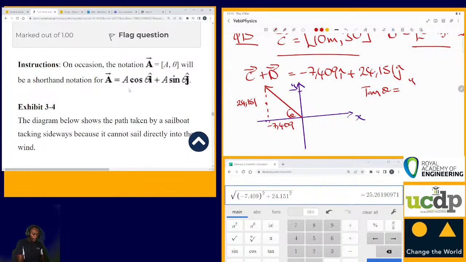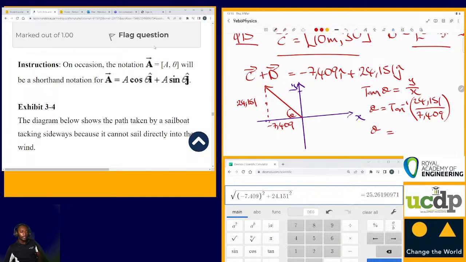Tan theta is y over x. Right. So our theta is going to be arctan of our y, 24.151, over 7.409. That's our angle theta there.